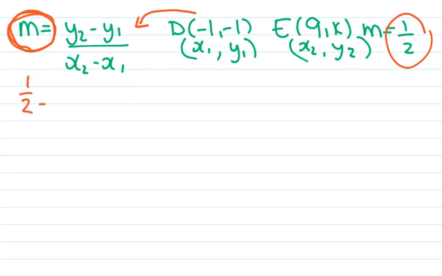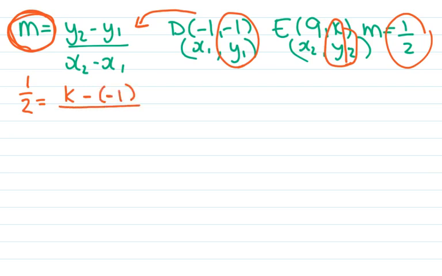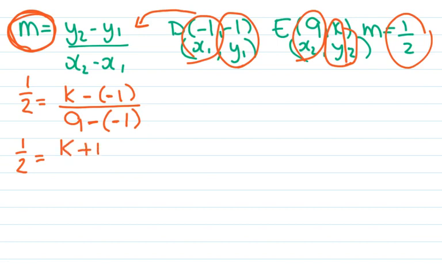So 1/2 equals y2, here is K, minus y1 is -1, so minus -1, over x2 is 9 minus x1 is -1, so minus -1. So now I have 1/2 equals K plus 1, because minus minus is plus, over 9 plus 1 is 10.